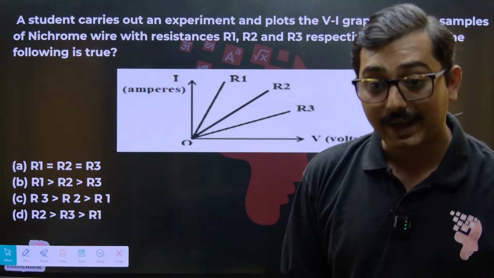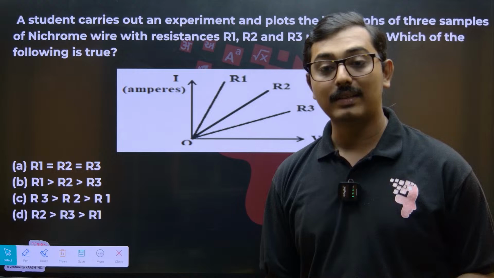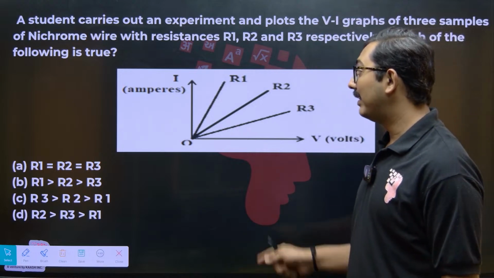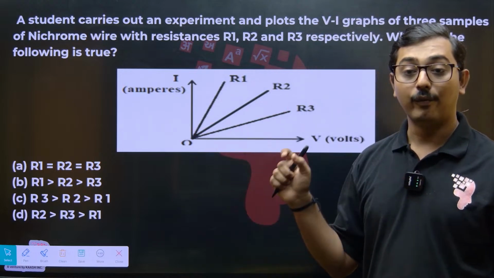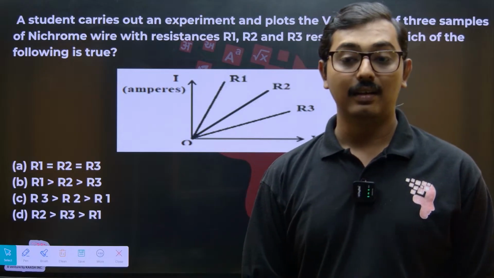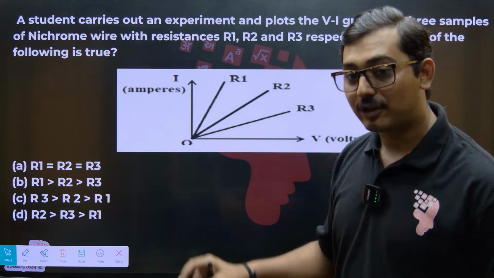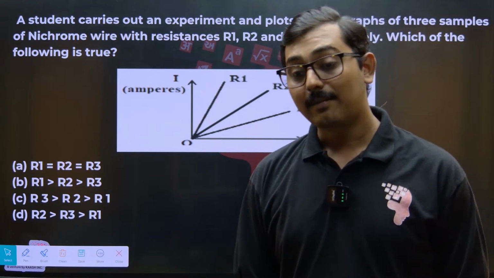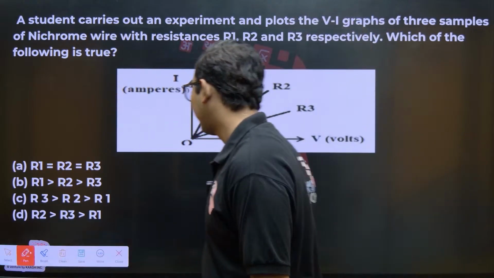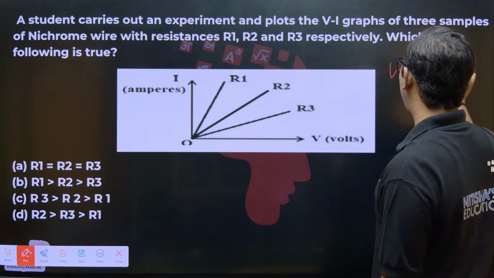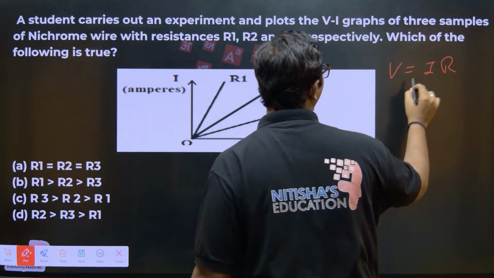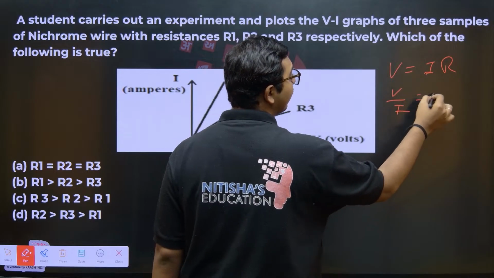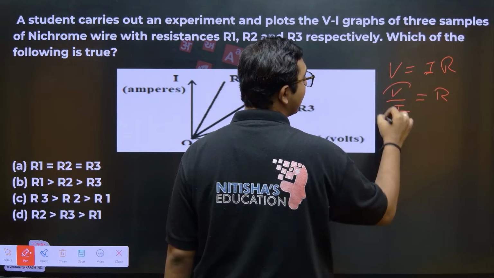But right now over here, what you are to observe is that this particular graph is of voltage and current. But is it the actual graph to find resistance? Obviously not. Why? Because V is equal to IR, and to find R we want voltage versus current.